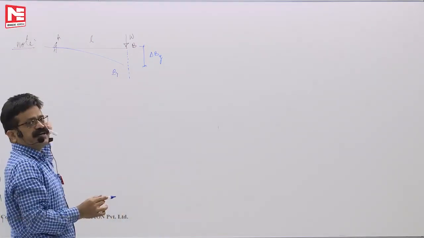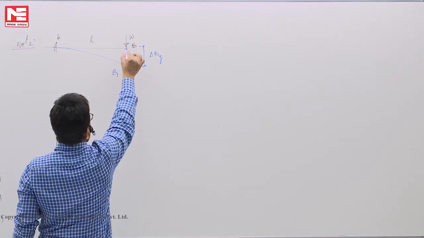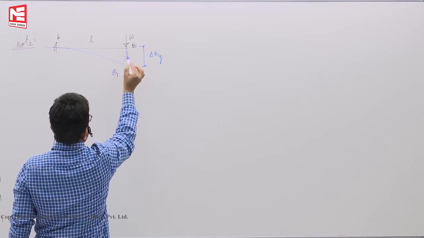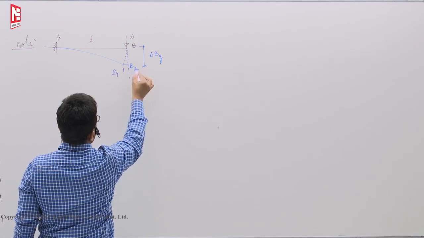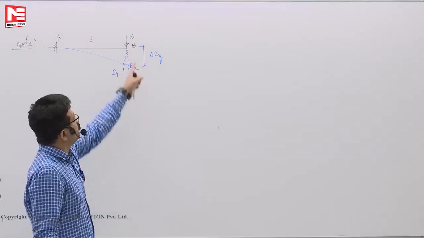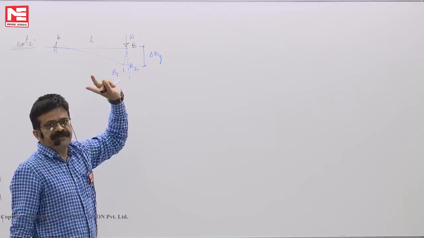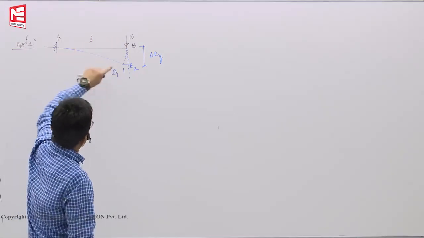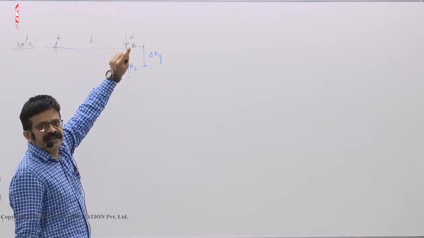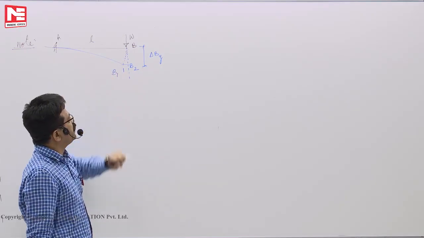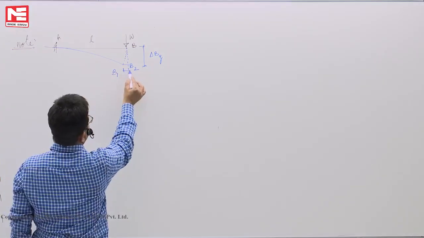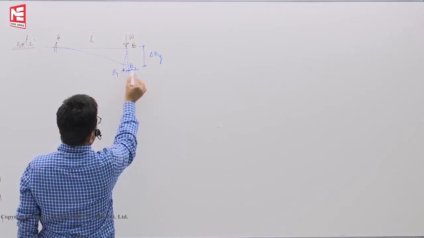That means it must have gone inside, like this, to this point, say B2. Strength of materials told you BB2 is delta By. Then drop a tangent, and theta B is calculated. But the inward displacement B1, B2, he didn't write it. This is B1, B2.